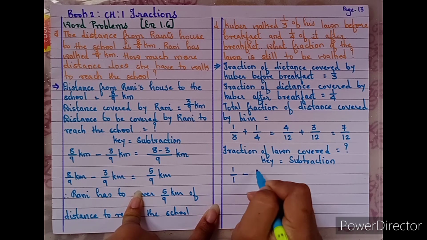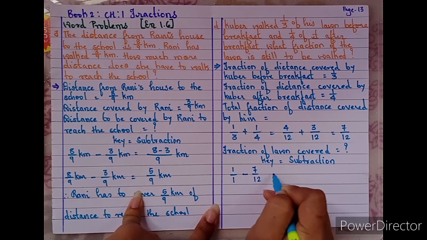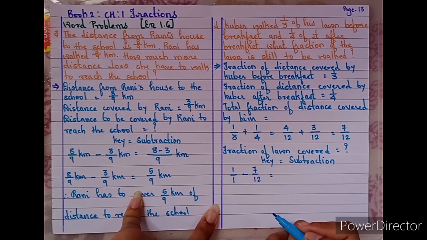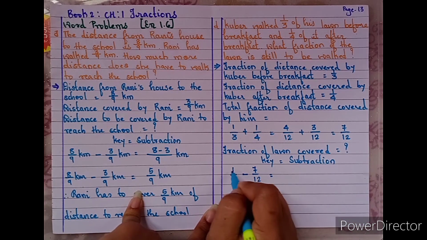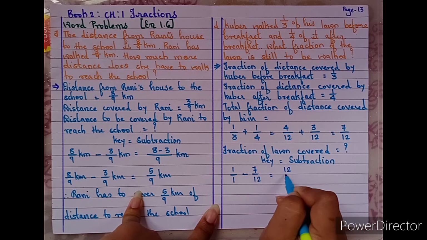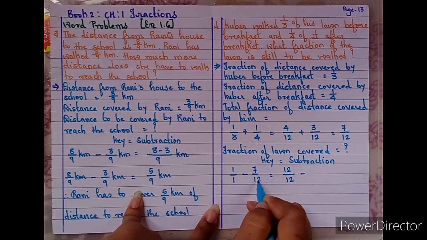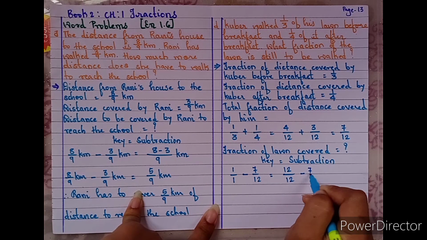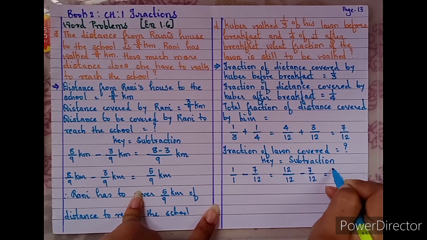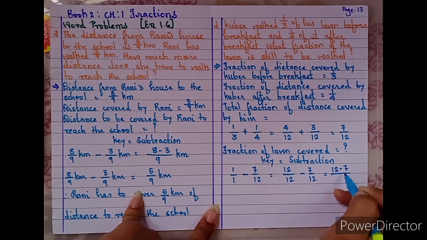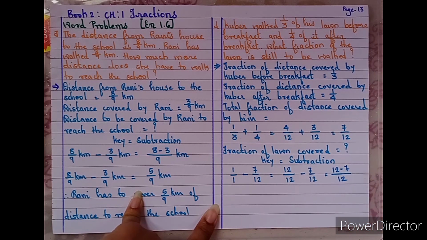1 by 1 minus 7 by 12. Now the LCM of 1 and 12 is 12. So multiply 1 into 12, 12 divided by 12, minus, and here there is no need to multiply by any number because 12 is already present, therefore 7 by 12. Now from 12 subtract 7 and write the denominator as it is.